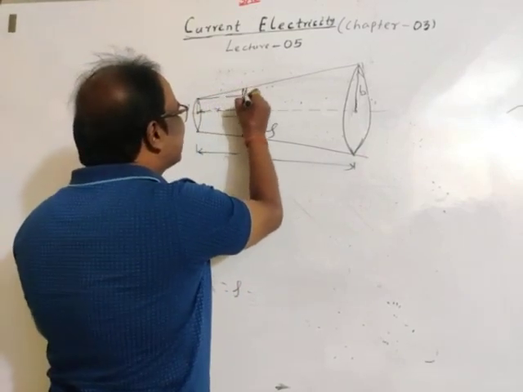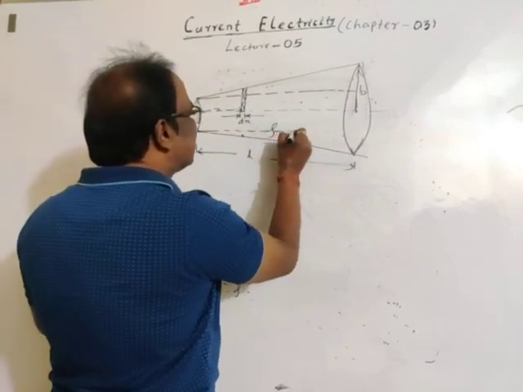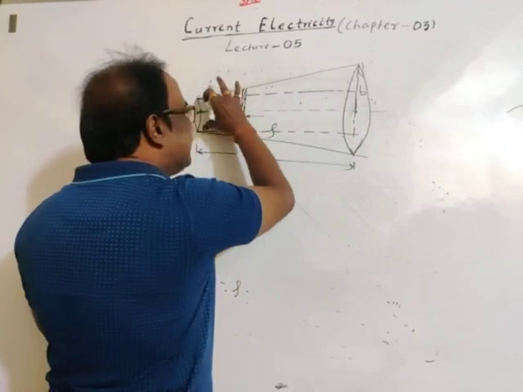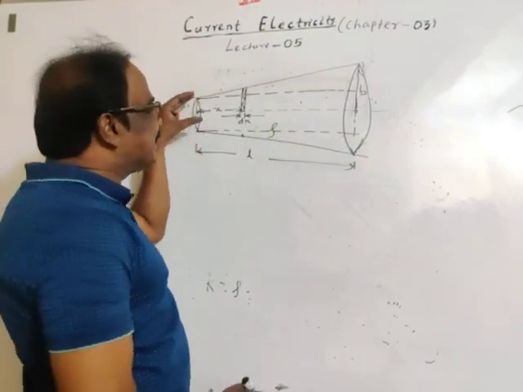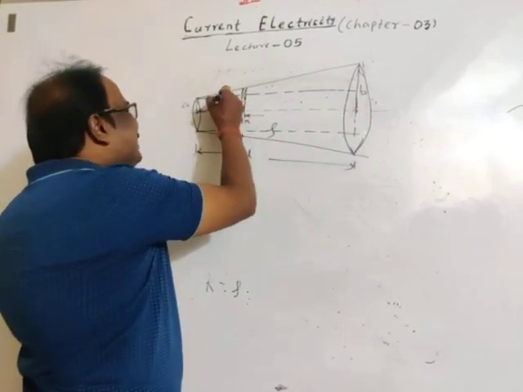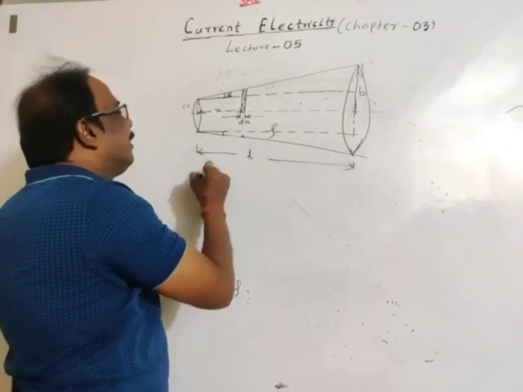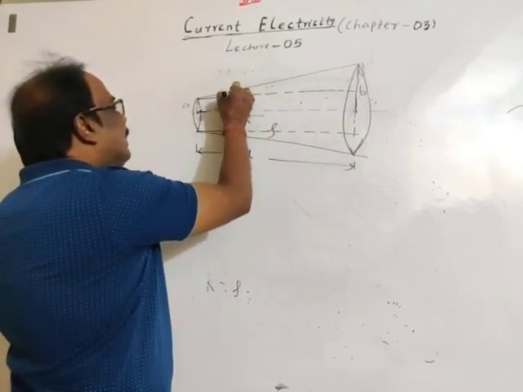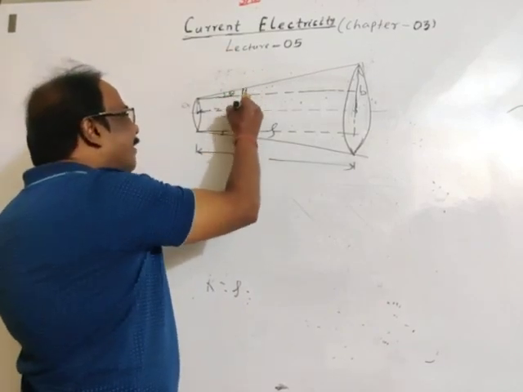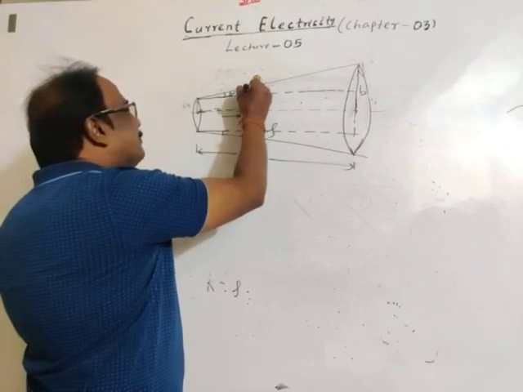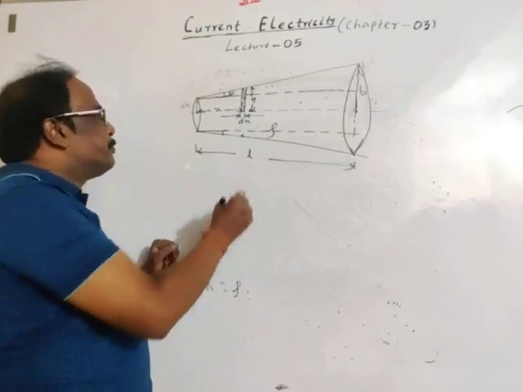Join this. See, this is cylindrical, but actually this is a tapering section. Let this angle be theta. You may consider any angle. This angle is theta. See, the total length here is the radius.